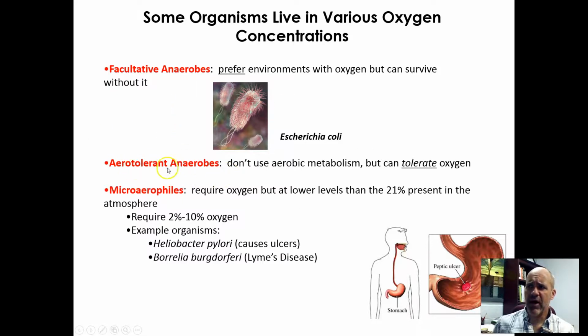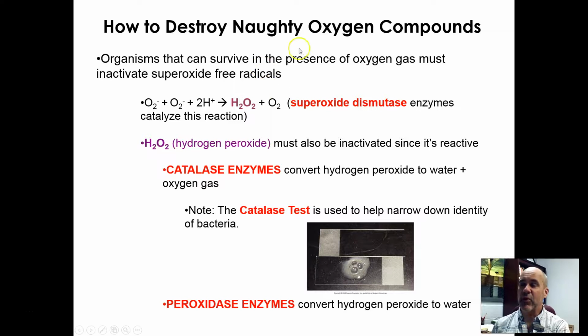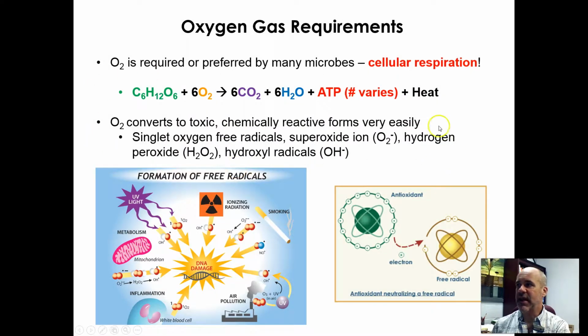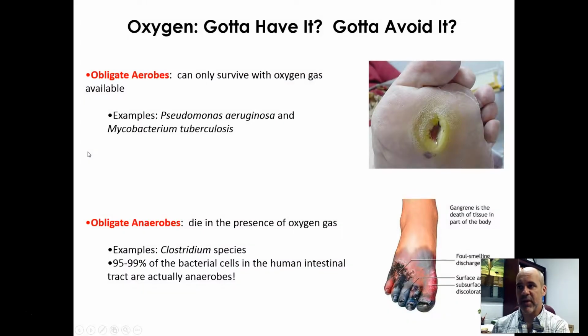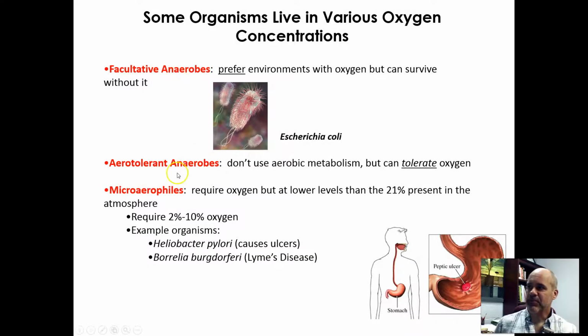Then you have aerotolerant anaerobes. These are organisms that don't use oxygen gas for cellular respiration. They have alternative methods, but they can still tolerate it. If you remember over here, we said if you are an organism that can survive around oxygen gas, you've got to have a way of destroying all of these nasty oxygen-containing compounds that are going to naturally form inside your cell.